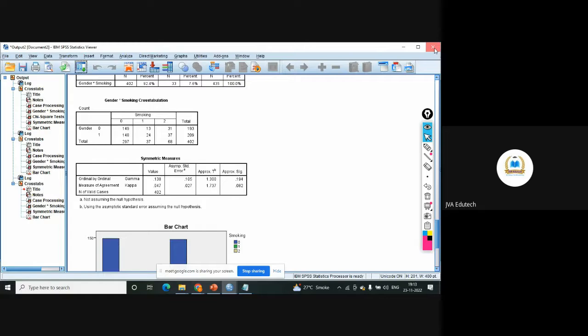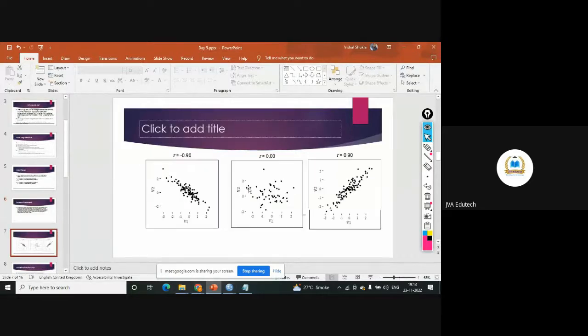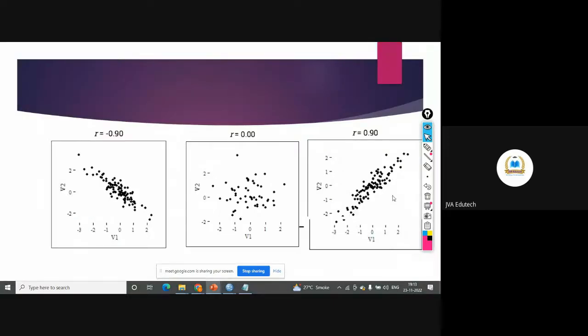So this is about the cross tabulation and chi-square test. Now next is the correlation. As we know, correlation is a relationship between two variables, how two variables are related with each other. So let's say we have a variable x and a variable y.